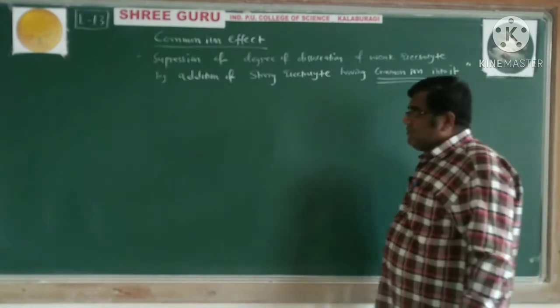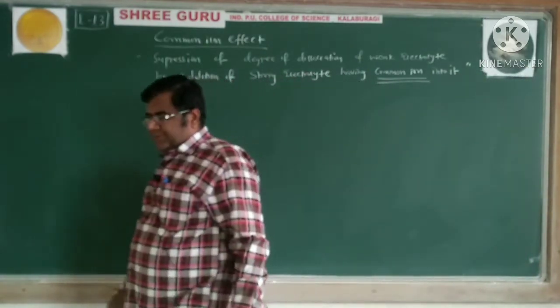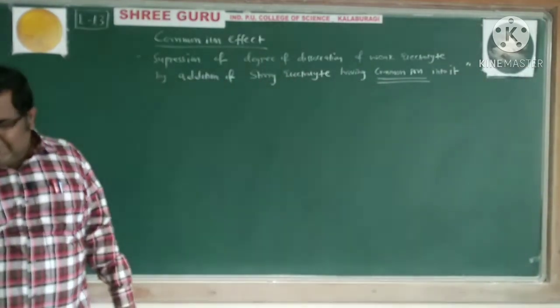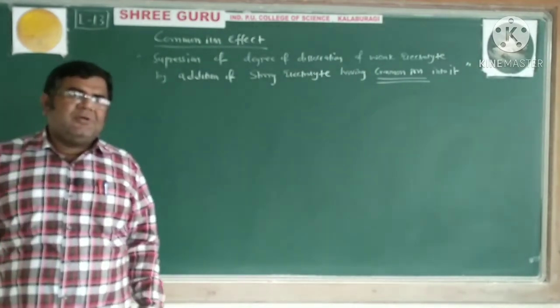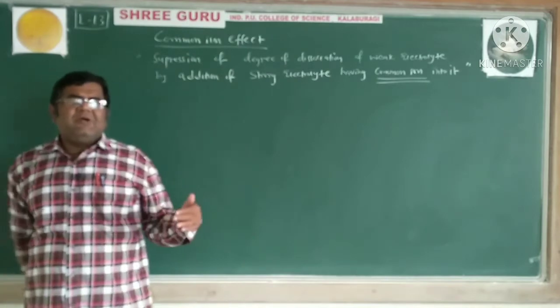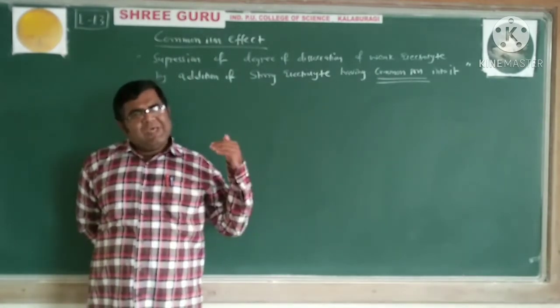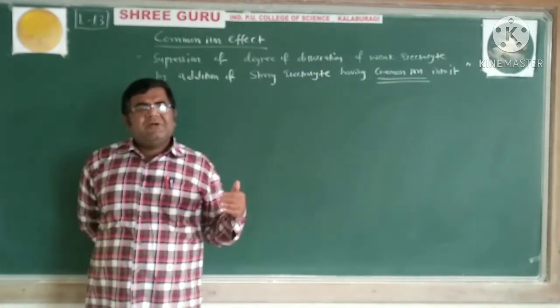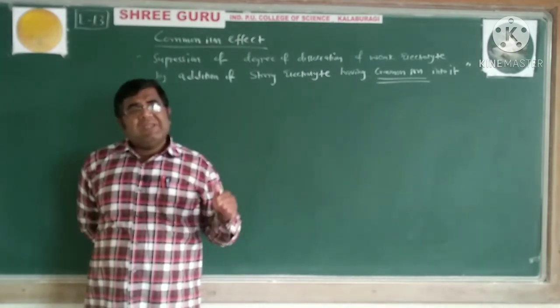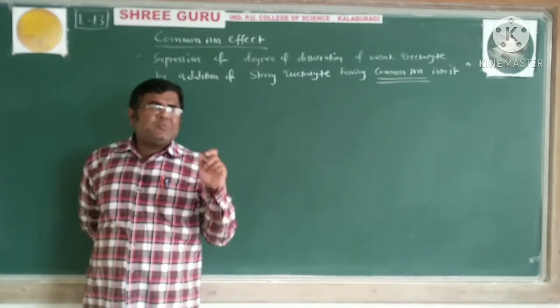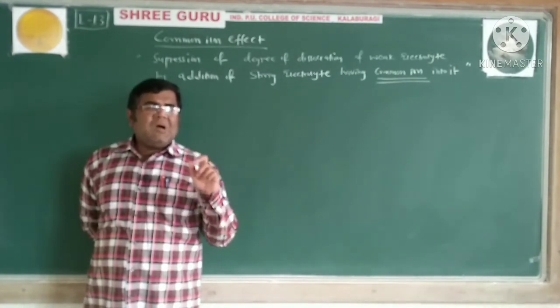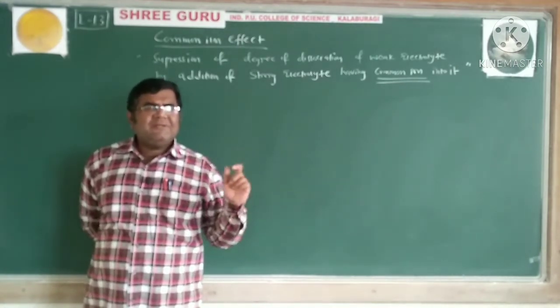This is called the common ion effect. A weak electrolyte already has a lower degree of dissociation and still we are decreasing it. How? By addition of a strong electrolyte, but not just any strong electrolyte. That also should produce an ion which is common between the weak electrolyte and the strong electrolyte.